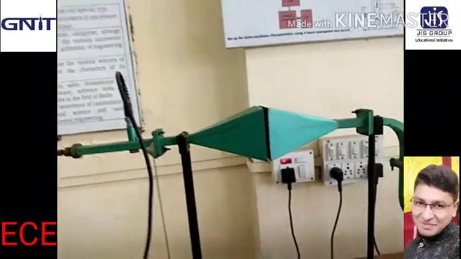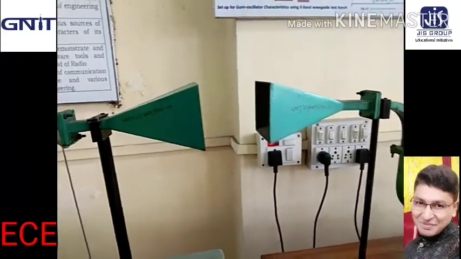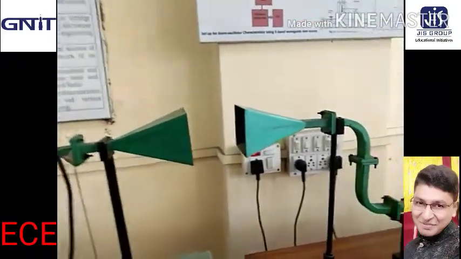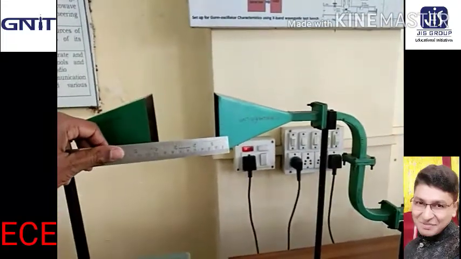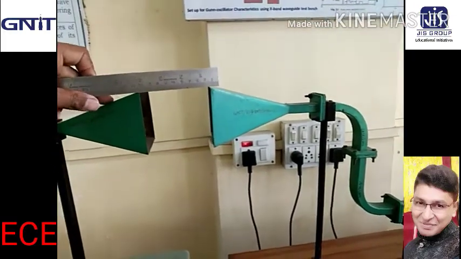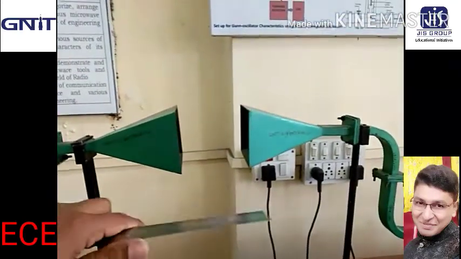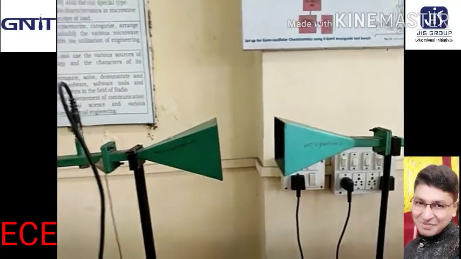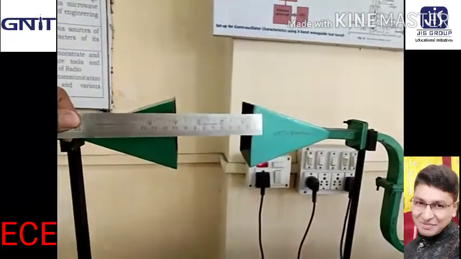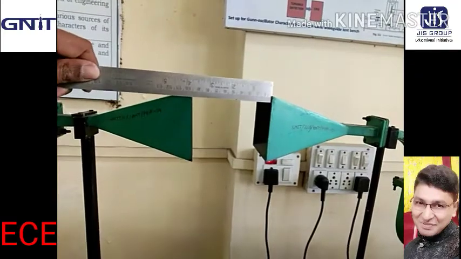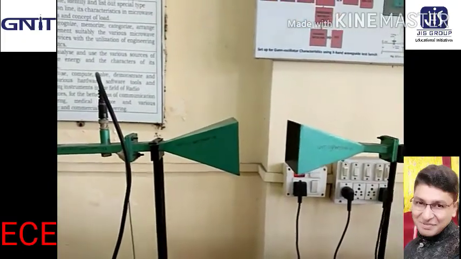Now the distance between receiver and transmitter, measuring with this scale, is 10 centimeter.